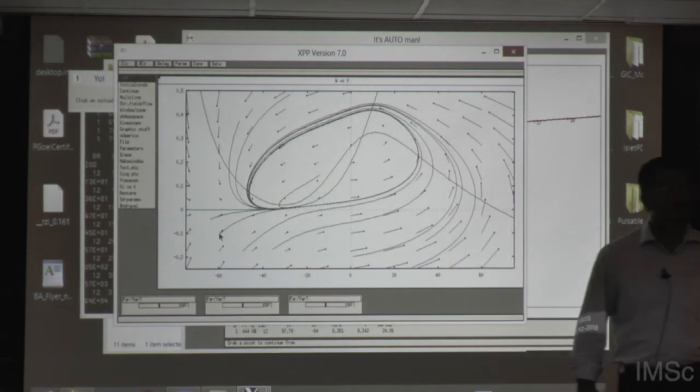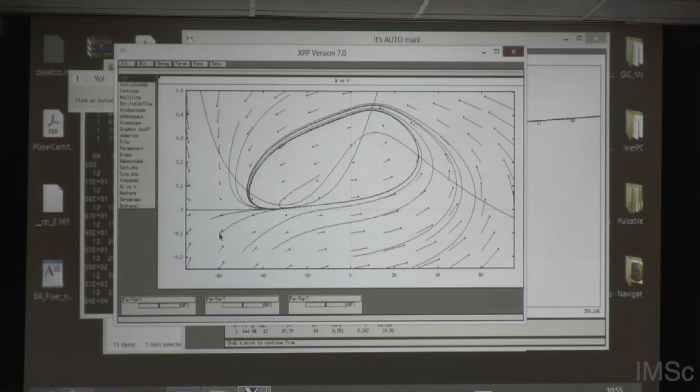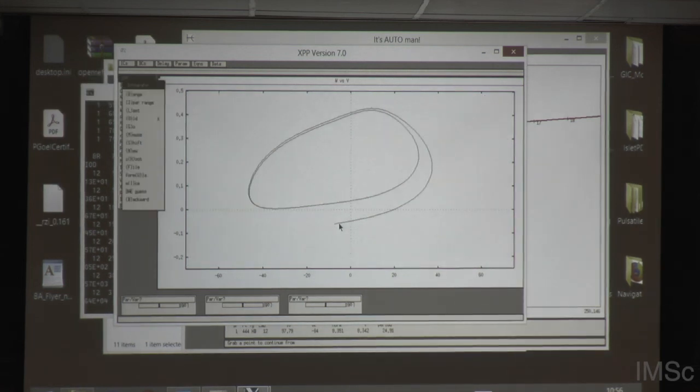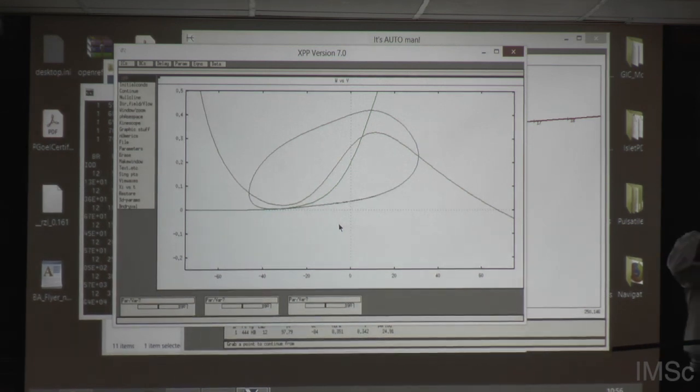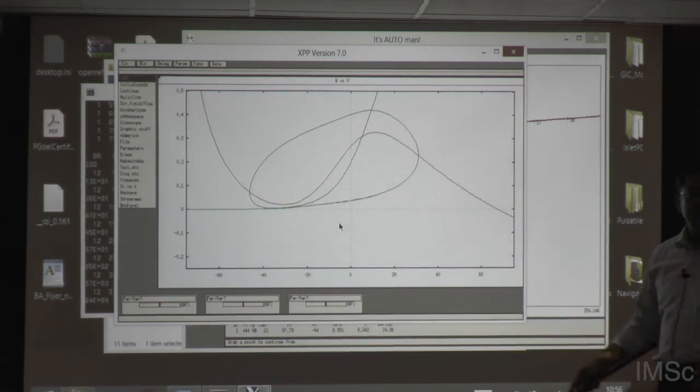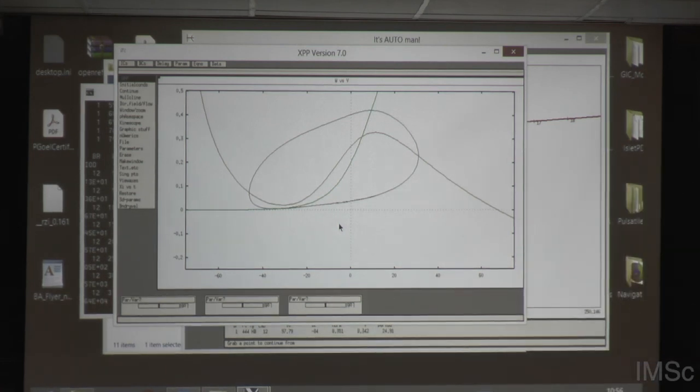So that means there's a periodic orbit over here. Let me show you this picture. As the saddle node bifurcation occurs and the saddle and the node pinch off, what appears in its place is a periodic orbit.